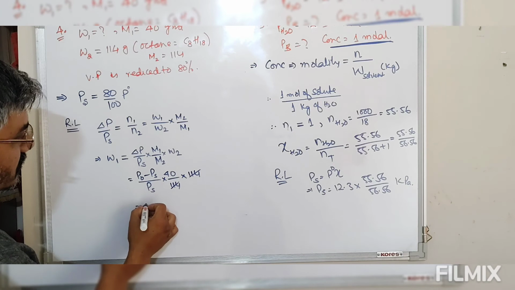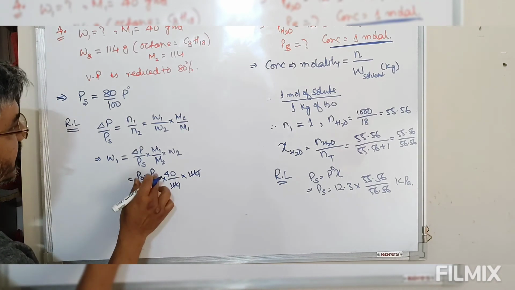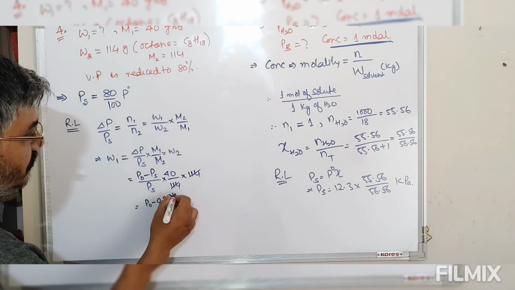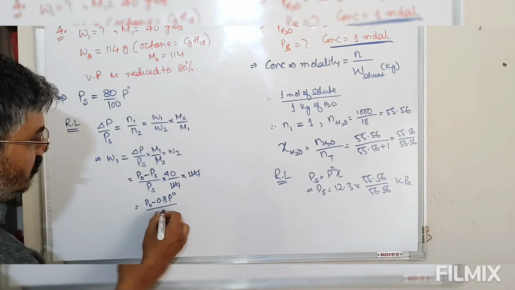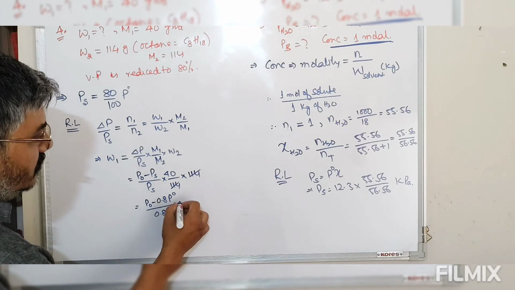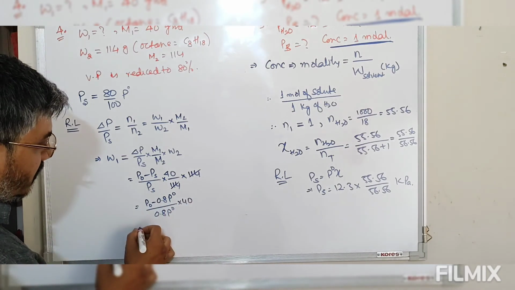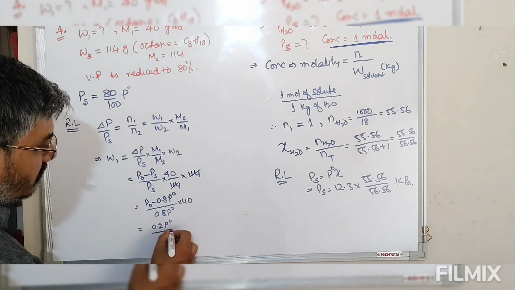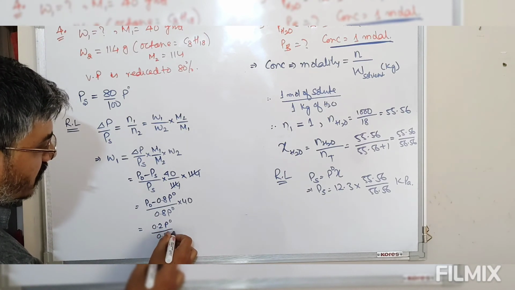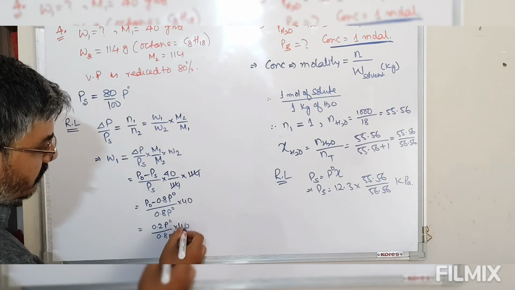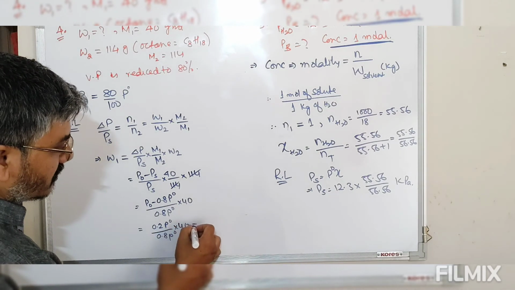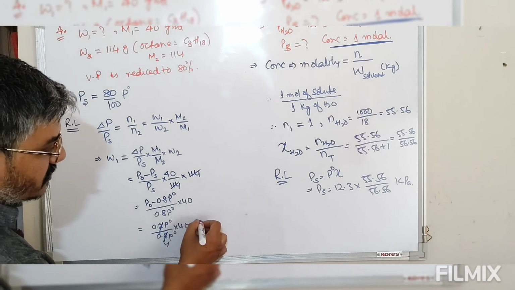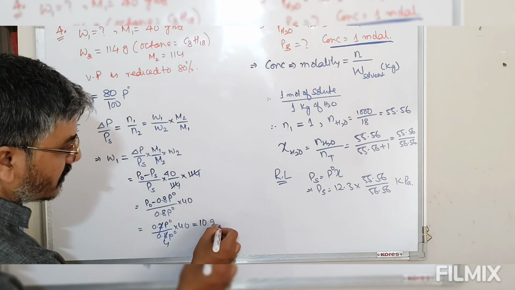P naught minus PS: PS is 0.8 of P naught. So this is 0.2 P naught divided by 0.8 P naught into 40. P naught will cancel out, so this is 4. So this comes out to be 10 gram.